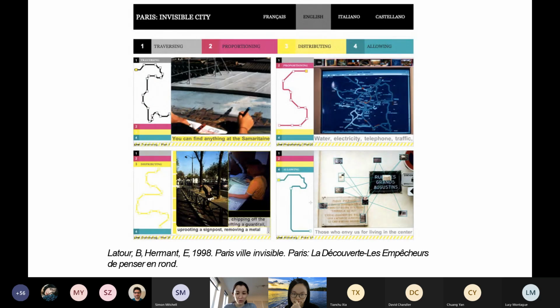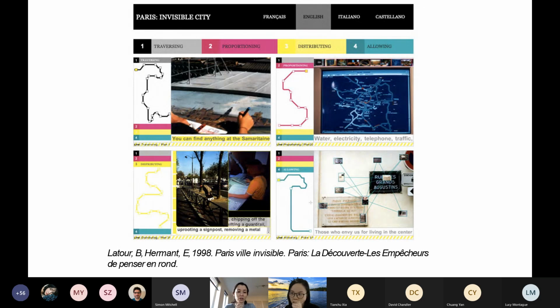The other really useful book for me when it comes to describing cities and describing urban processes is Paris, the Invisible City by Latour. And I think we've already had a part of that in our reading groups, if I'm not mistaken. This is the digital version of it. If you Google Paris, the Invisible City, Latour, it'll come up. There was a digital version that worked on Flash. I know that Flash is dead now, so I don't know if it works.